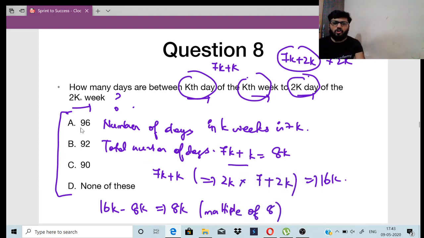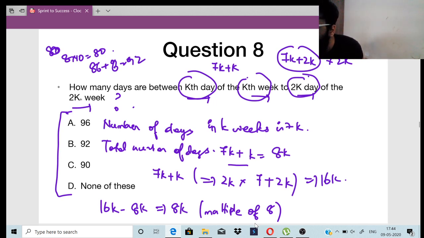So here there are 4 options. Tell me which of the options is a multiple of 8. 8 into 10 is equal to 80. The number of days must be a multiple of 8.